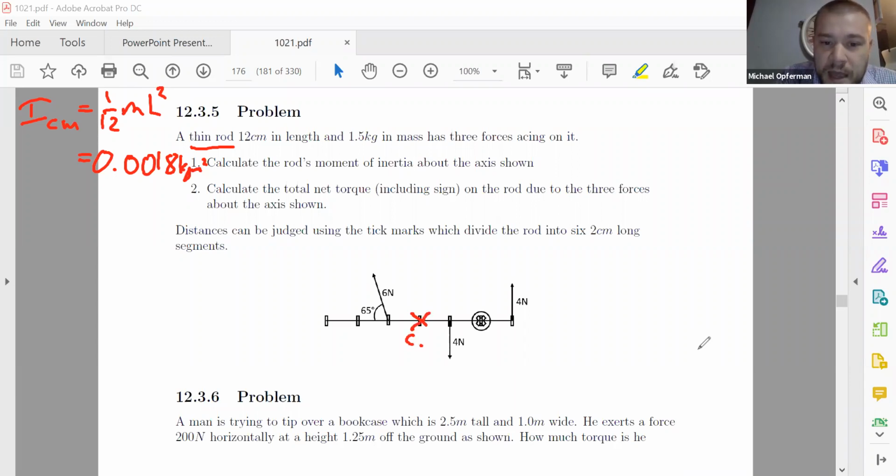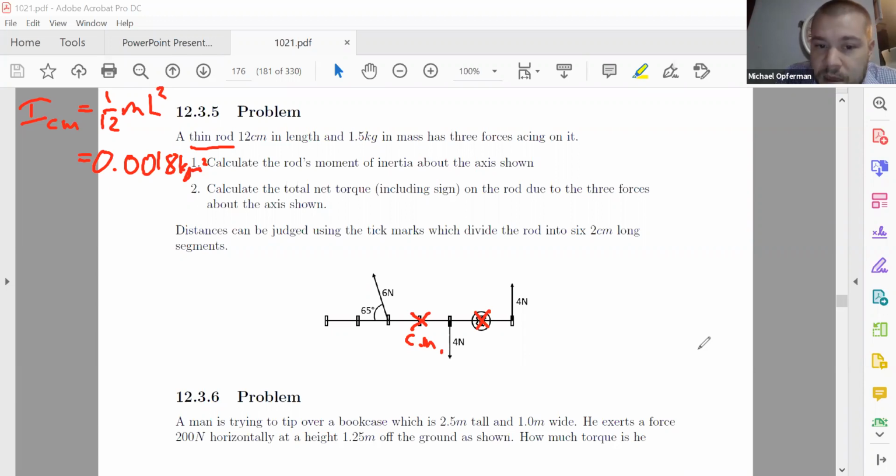That's the center of mass, because it has 3 sections to the left and 3 sections to the right. So that's the geometrical center, and presumably it's a uniform rod, so we expect the center of mass to be in the middle. But the actual axis of rotation is over here, which means we do have a parallel axis theorem case here, and we need to figure out the value of D.